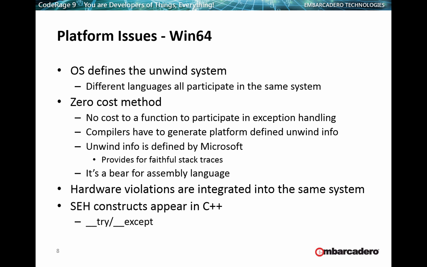It's very fine-grained. It provides for very faithful stack unwinding with call-saved registers being restored properly. It provides for extremely faithful stack traces, so that you can use the unwind information from any point and get a very, very accurate stack trace through any function that participates.